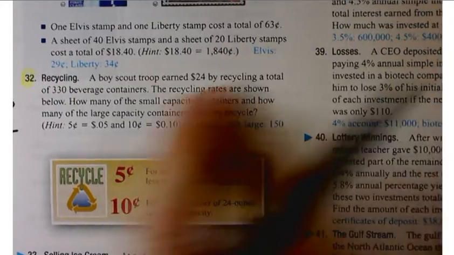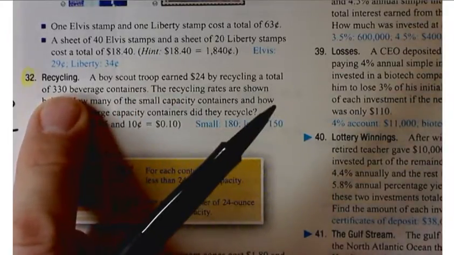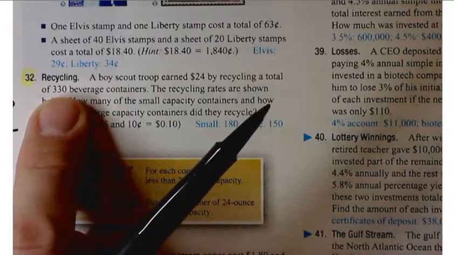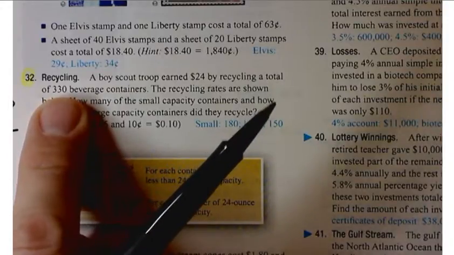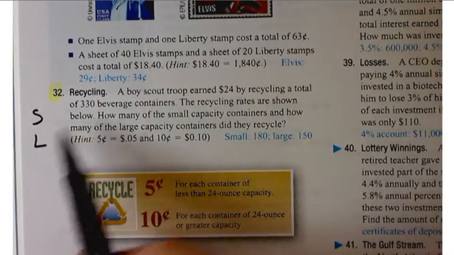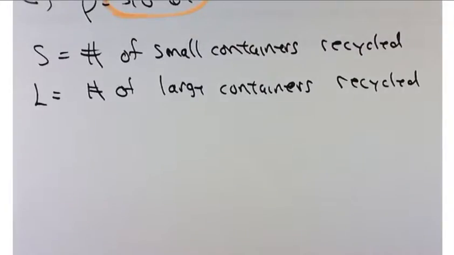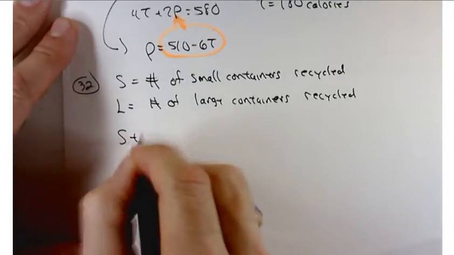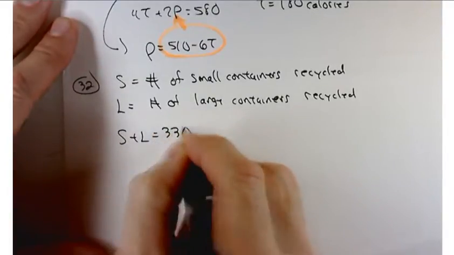No, I'm talking about this one. Madison, maybe some help? Yeah, there's a total of 330 beverage containers recycled. So the number of small plus the number of large containers equals 330. So S plus L equals 330.